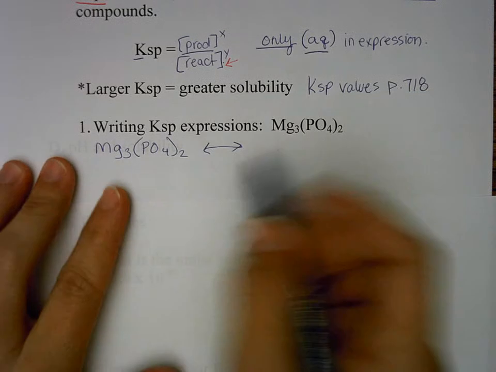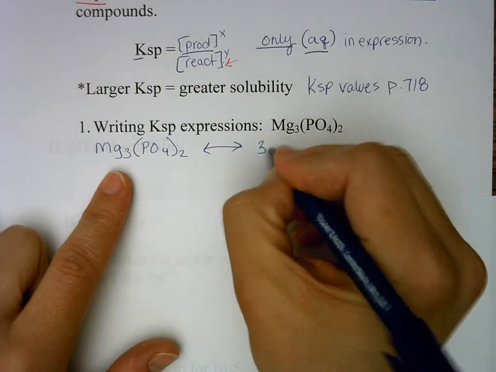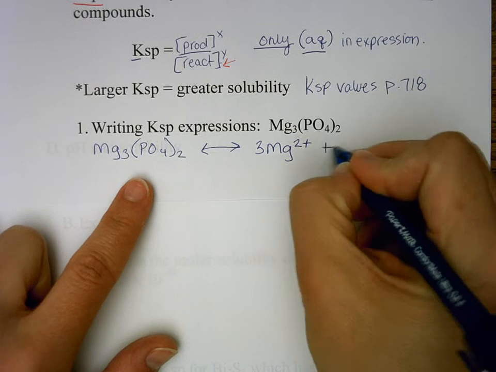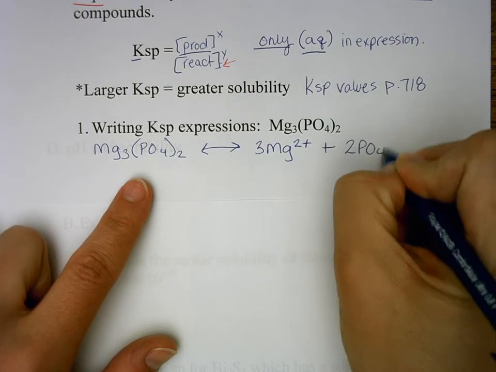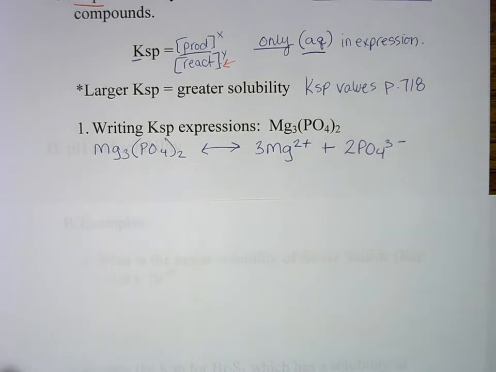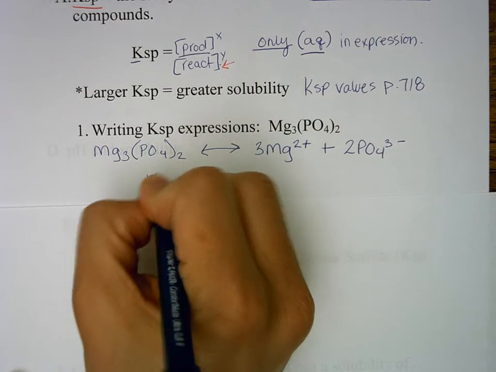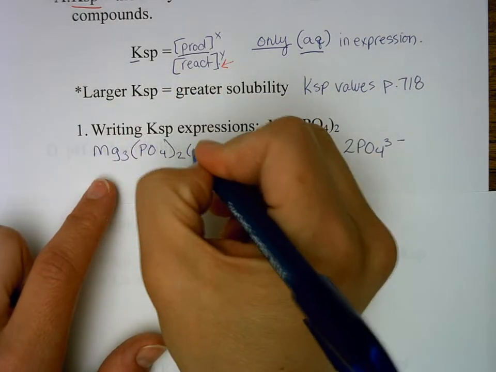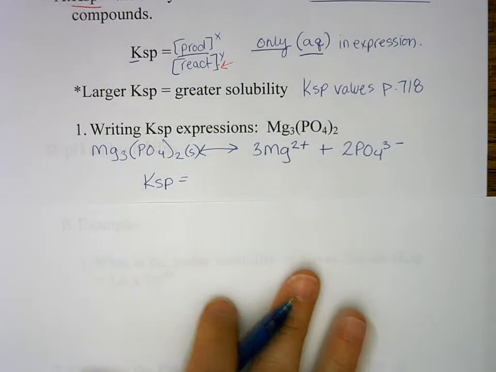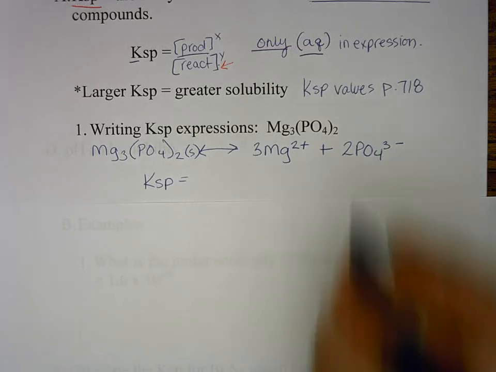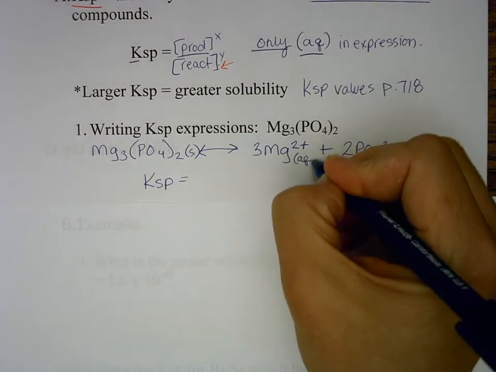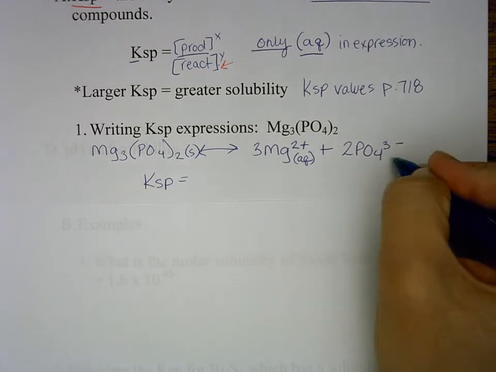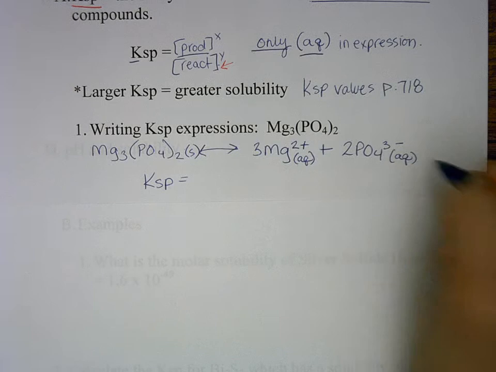When this ionizes, I'm going to end up with 3 magnesium ions and 2 phosphate ions. You're always starting with solid stuff. So magnesium phosphate is just a solid salt. When you put that in a water solution, you get some tiny percentage of magnesium ions and a tiny percentage of phosphate ions.